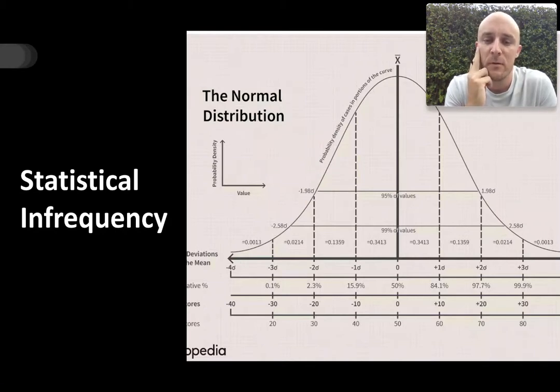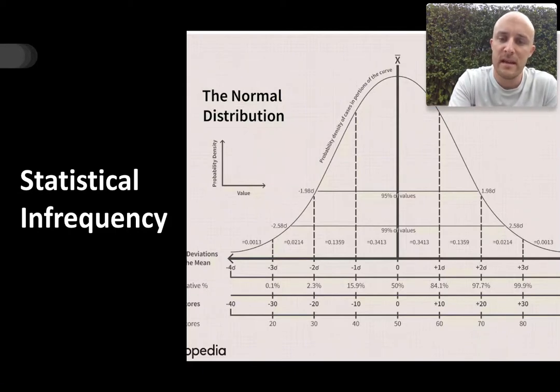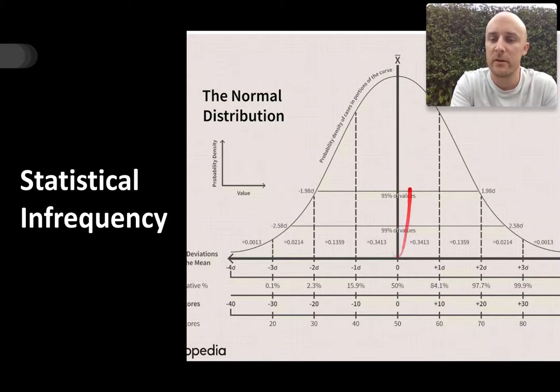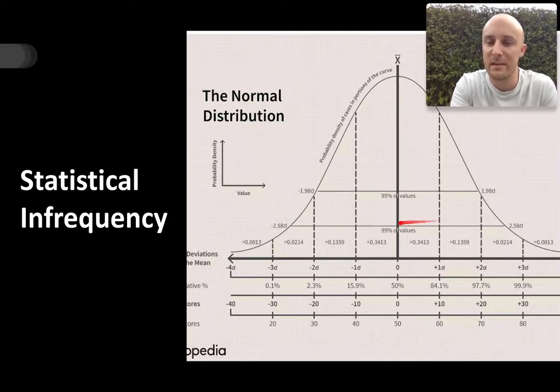So, statistical frequency is about rarity of behavior. I just want to show you these down here. Again, you need to note this down. This is the mean, just here, this line you can see, with my laser pointer. That is one standard deviation, that is two standard deviations. Anything that is outside of these two standard deviations is considered abnormal.